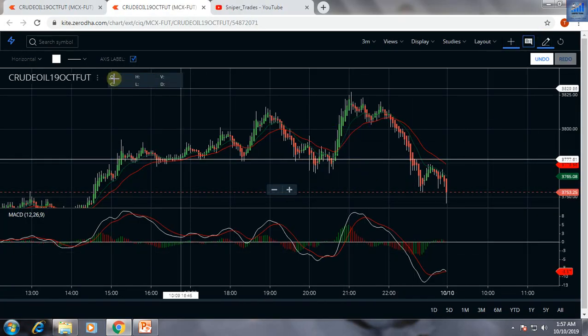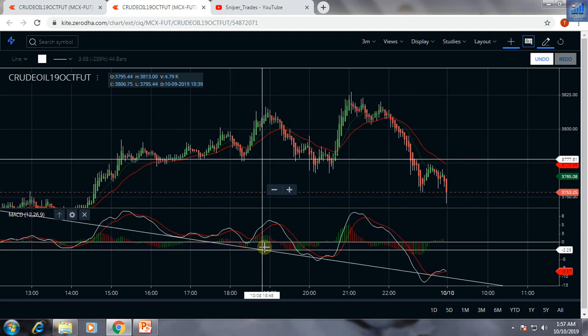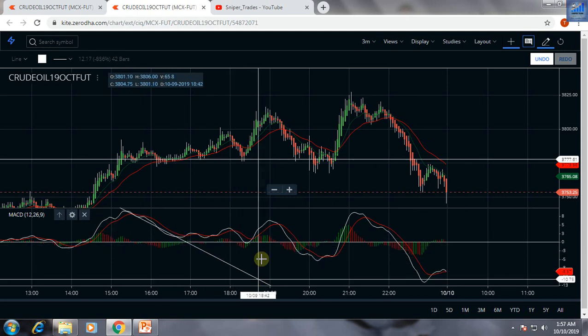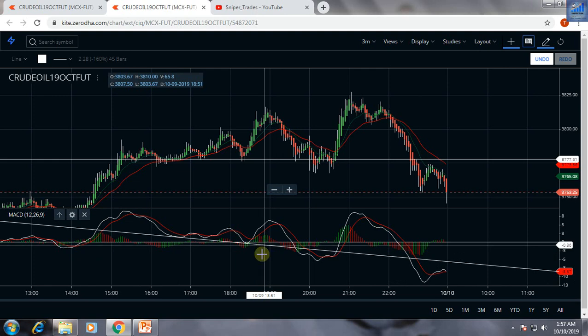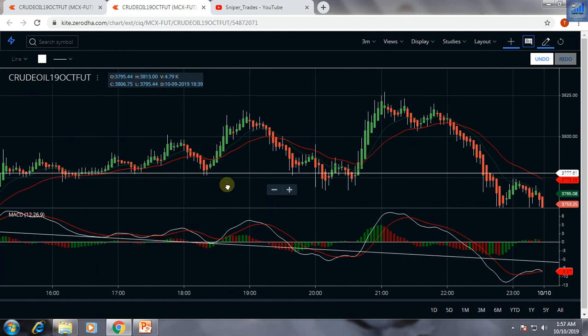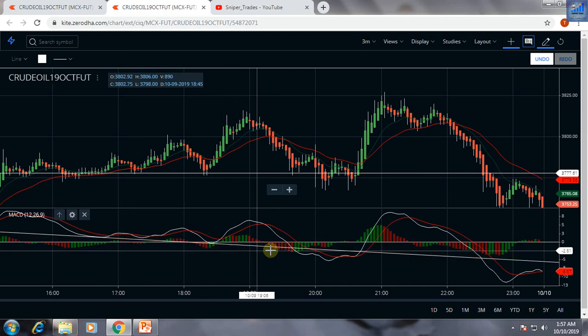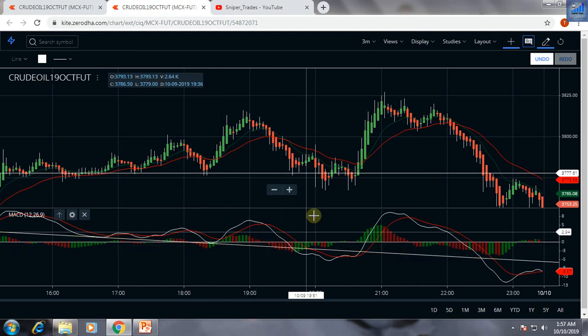So now I am going to draw a trend line here. See, I am joining this low and this low, this low. So as we can see, this trend line will act as a support. So whenever this MACD line touches this particular trend line support, it should bounce upward.